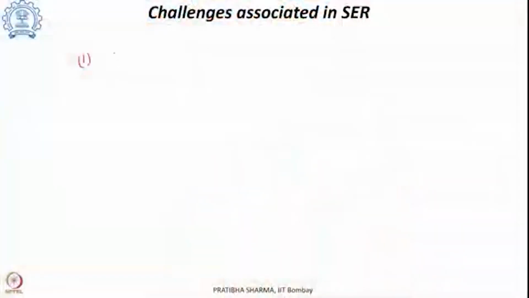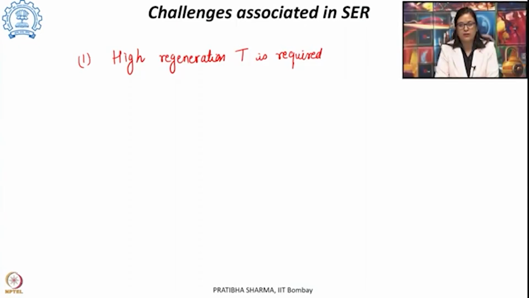The challenge that we have already seen when discussing the reaction is that a high regeneration temperature is required. We have saved energy in the sorption process, however, the regeneration of the carbon dioxide sorbent occurs at a higher temperature. So, that is required in the sorption enhanced reforming process.